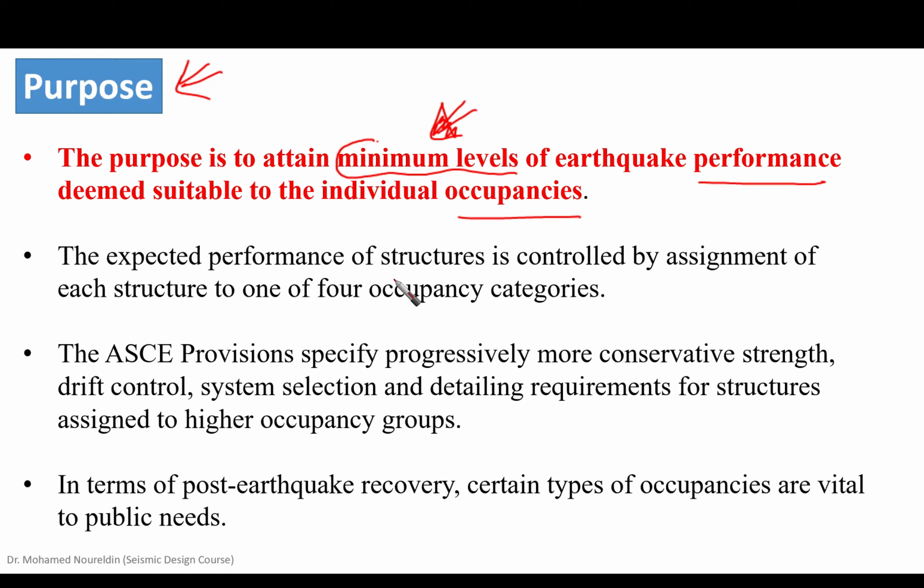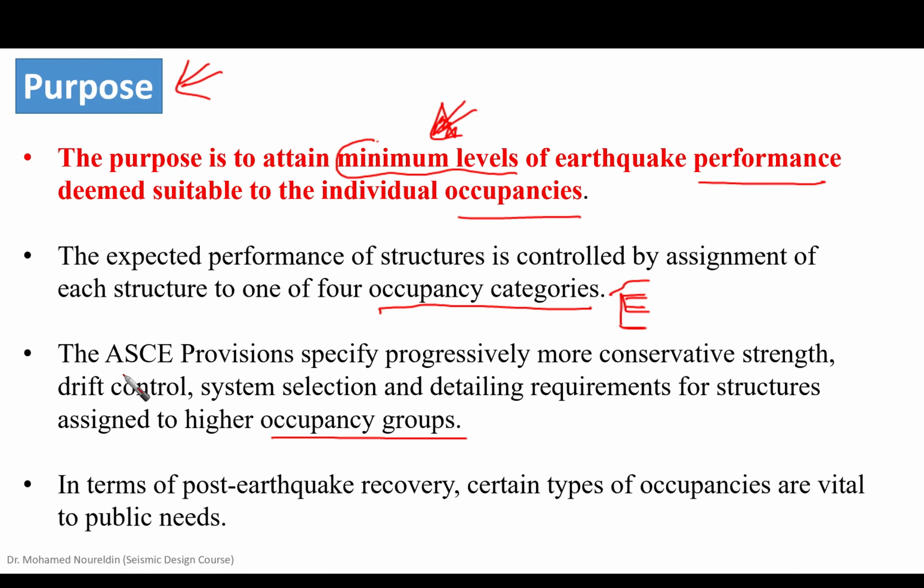The expected performance of the structure is controlled by assignment of each structure to one of four occupancy categories. Based on the occupancy of the structure, we can assign it to one of four different levels. ASCE provisions specify progressively more conservative strength, drift control, system selection, and detailing requirements for structures assigned to higher occupancy groups or risk categories.